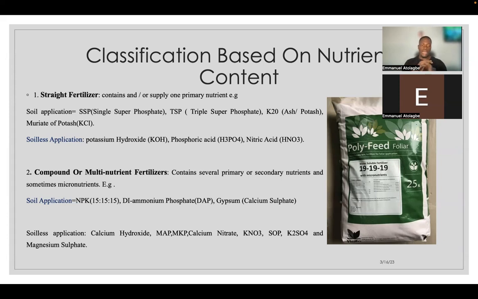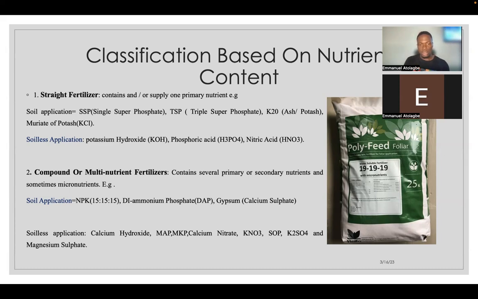For compound fertilizer examples under soil application, we have your DAP, you have your gypsum, you have your NPK 15-15-15. The NPK just means you are getting nitrogen from this compound, you are getting phosphorus, and you are getting your potassium. Now for soilless application, you can also have this. We would expatiate on that later.